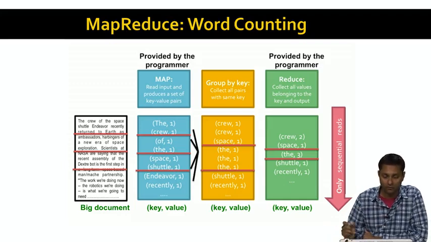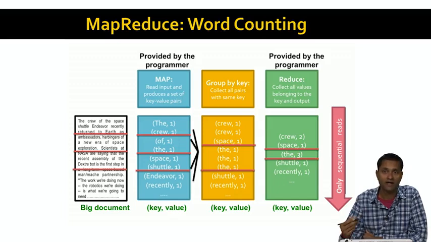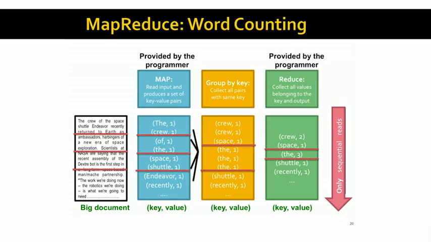One final point before we move on from the slide is that all this magic, the MapReduce magic, is implemented to use as far as possible only sequential scans of disk as opposed to random accesses. If you think a little bit carefully about all the steps that I mentioned, about how the map function is applied on the input files record by record, how the sorting is done, and so on, a moment's thought will make it apparent that you can actually implement all of this by using only sequential reads of disk and never using random accesses of disk.